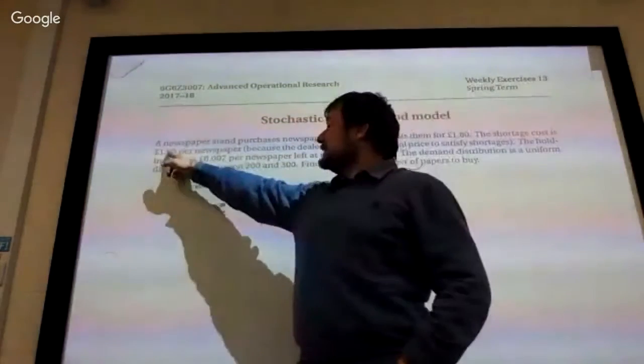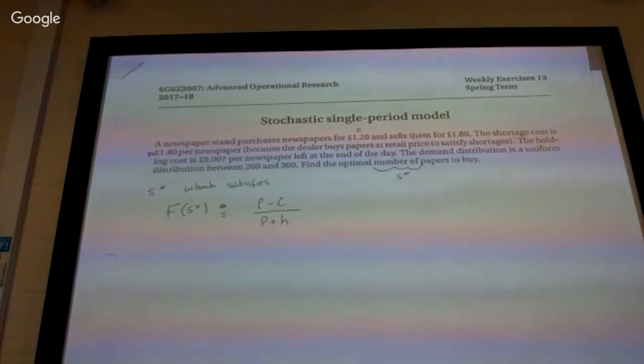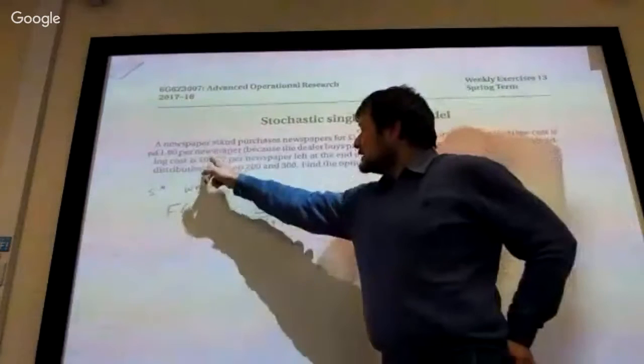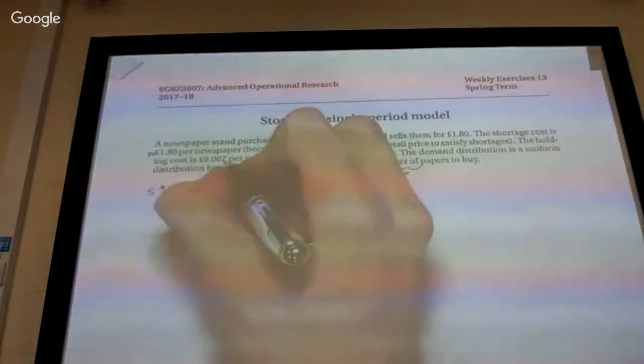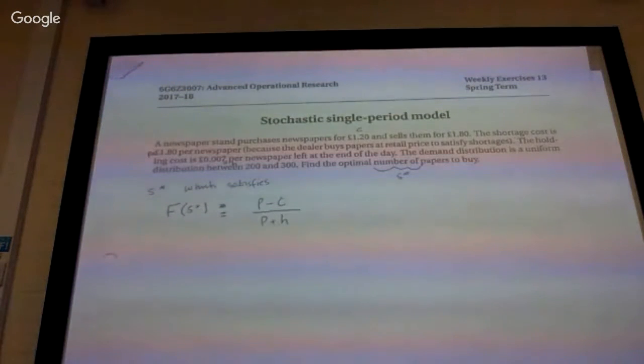This 180 is the little p, that's the shortage cost. And the holding cost is the h, which is 0.007 pounds. So you're just plugging it into a formula.